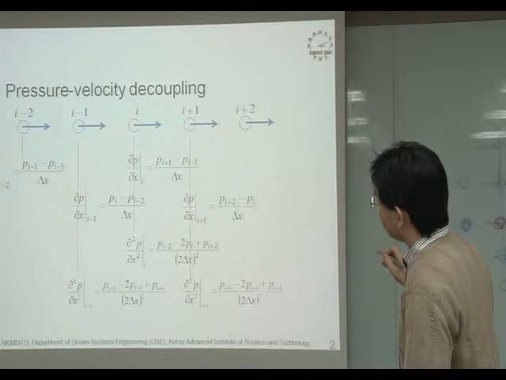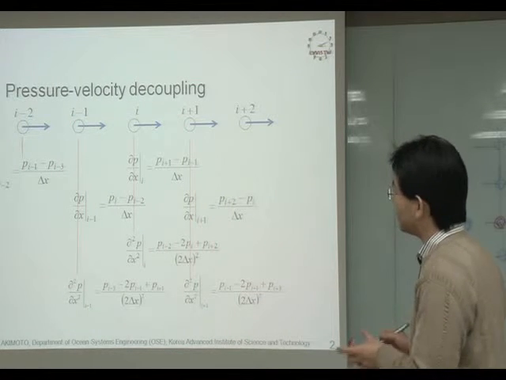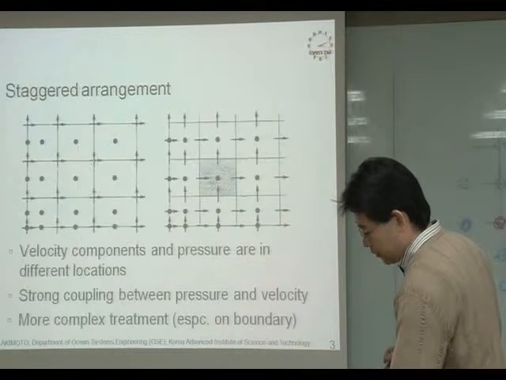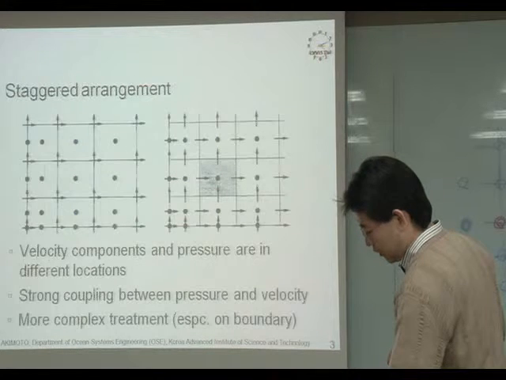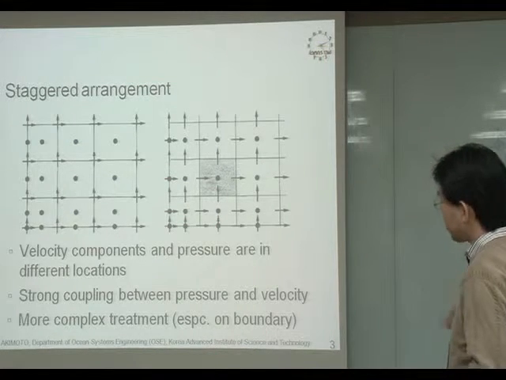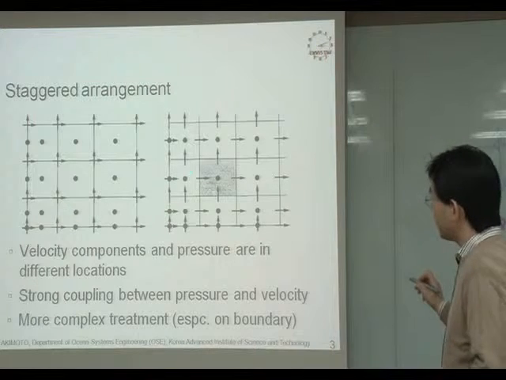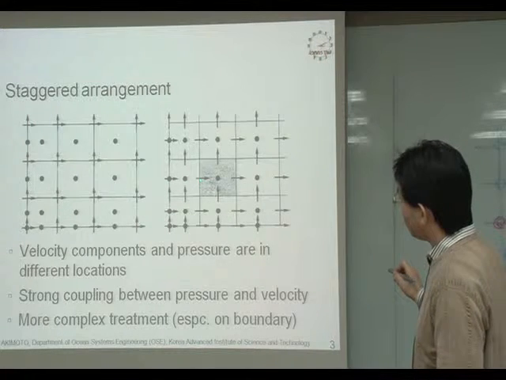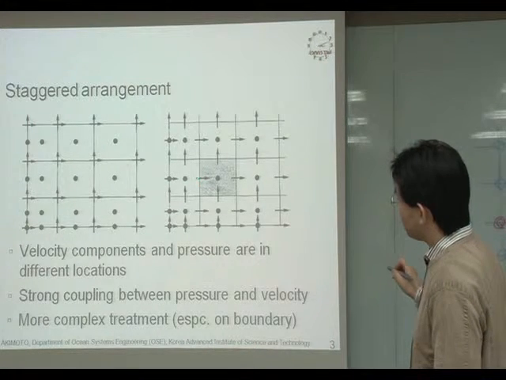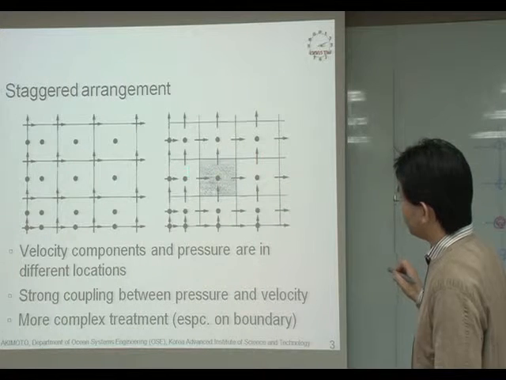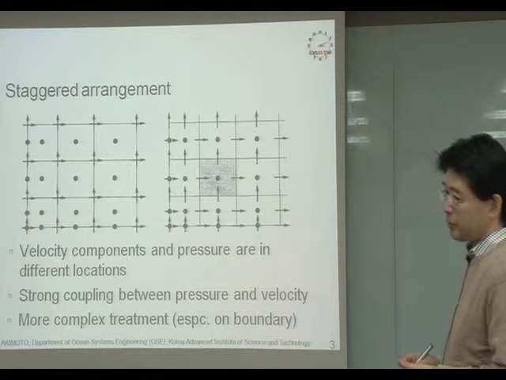So it requires two grid spacings. But if it is in a staggered arrangement, the pressure gradient on this velocity point is this one minus this one. It requires one mesh spacing.